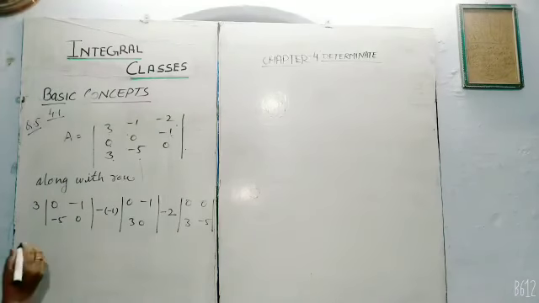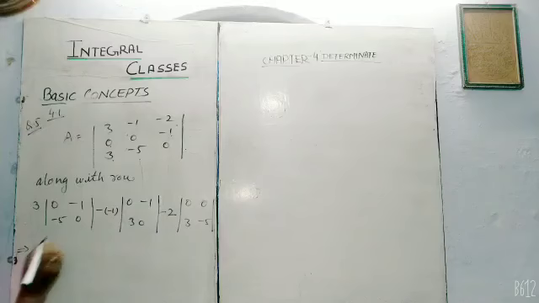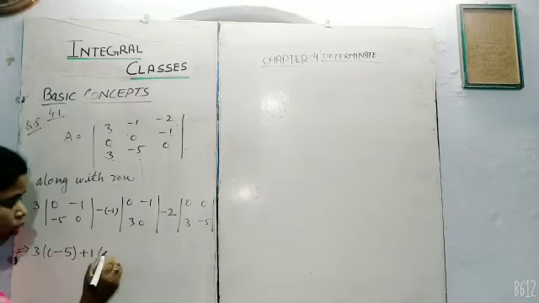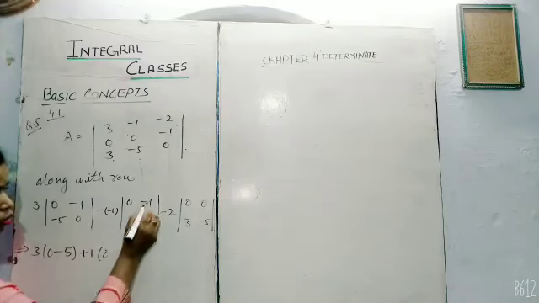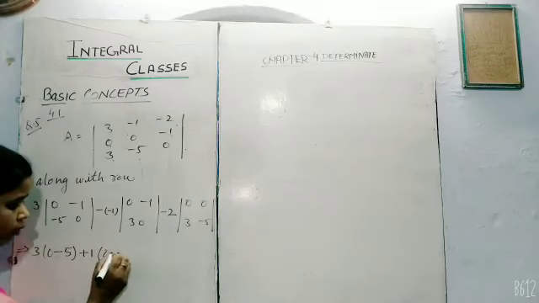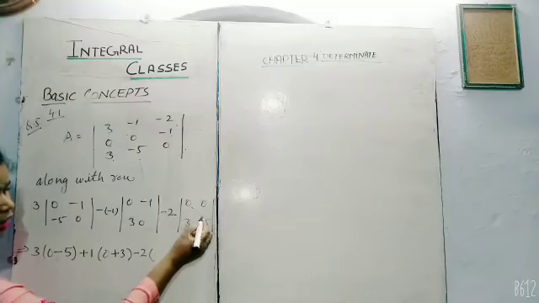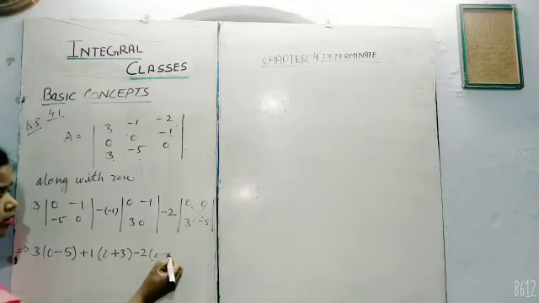Now solve them. 3 into (0 into 0 minus minus 1 into minus 5), that is plus 5 and the minus sign is here, so it will become negative. Minus, minus, plus 0, 3 into 1 minus 3 by the formula, then plus 3 minus 2, again 0 minus 0.